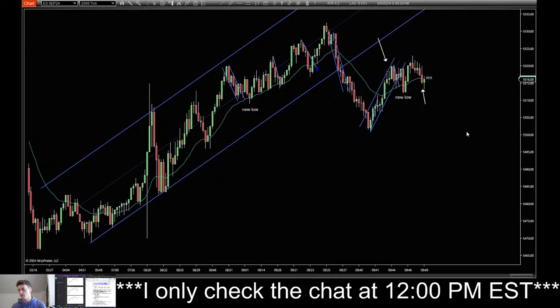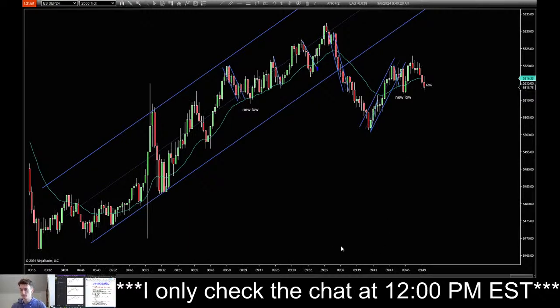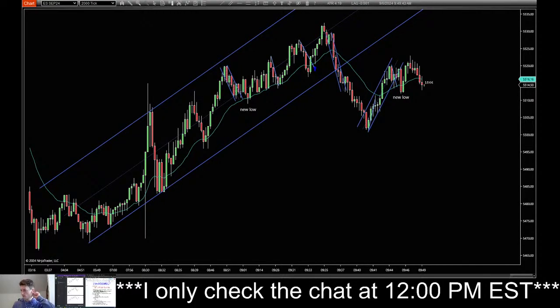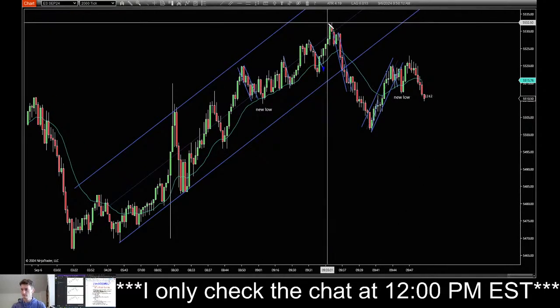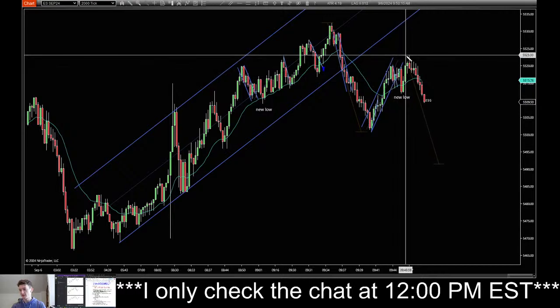Right now I'm thinking maybe not, because we already pushed through the EMA right there. Wouldn't be surprised if we create a second larger leg back.